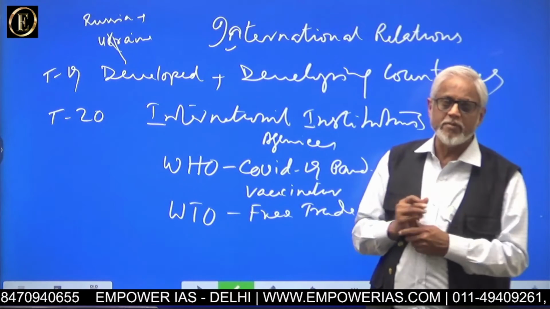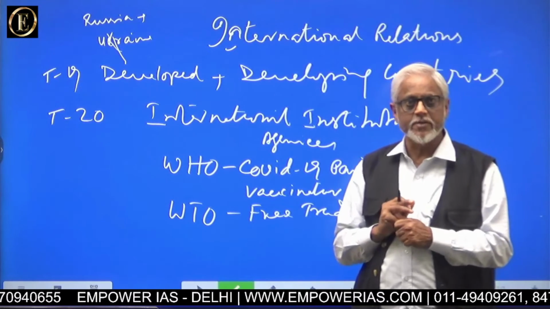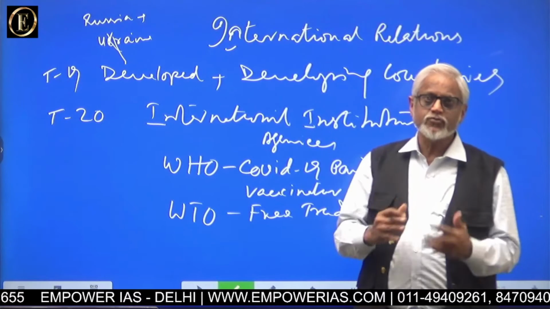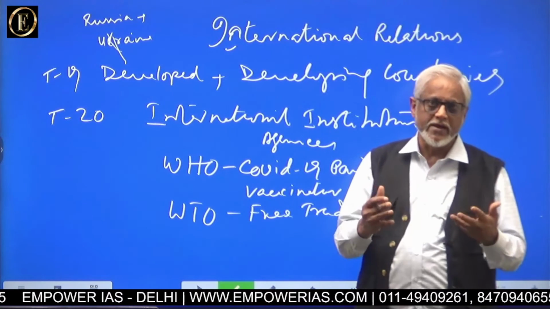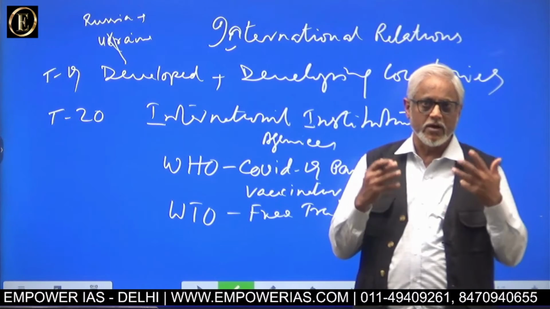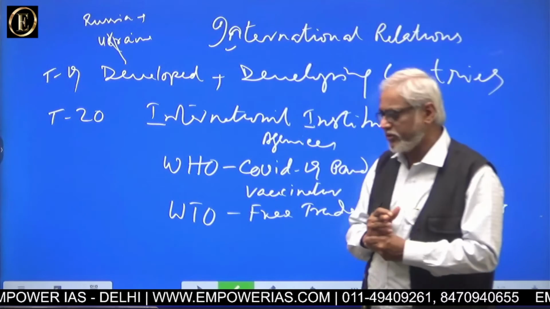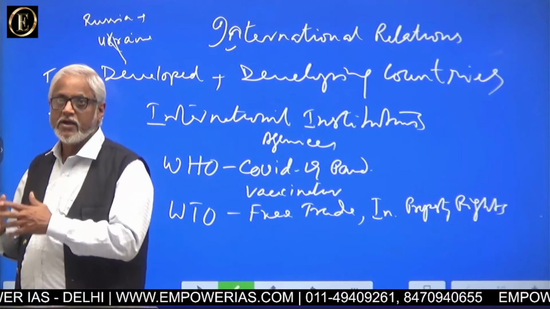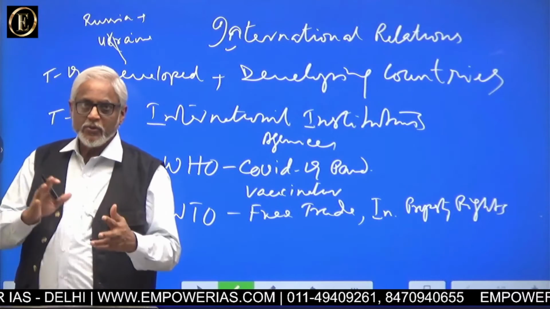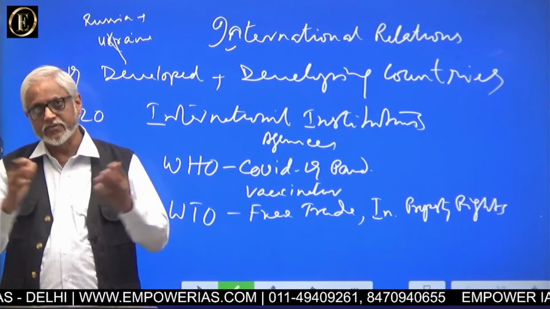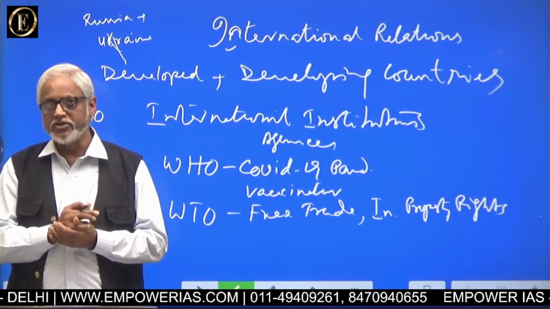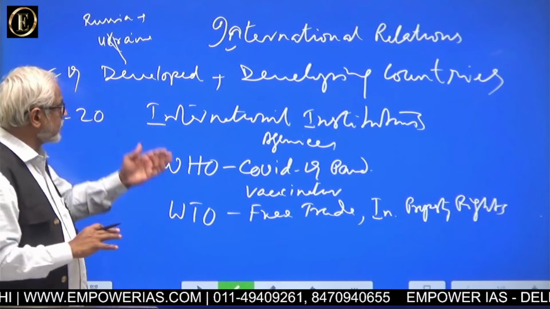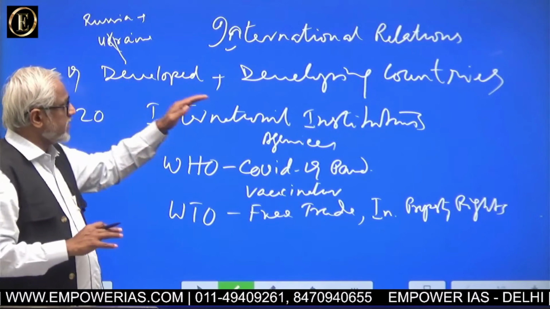India also has trade and commerce relationships with Ukraine in many areas. Also India is in a relationship on trade with the EU and America, who are opposing Russia. Now, nobody knows where this war will finally end, in which direction, or in which way it will impact India. So that is called T19, developing countries.